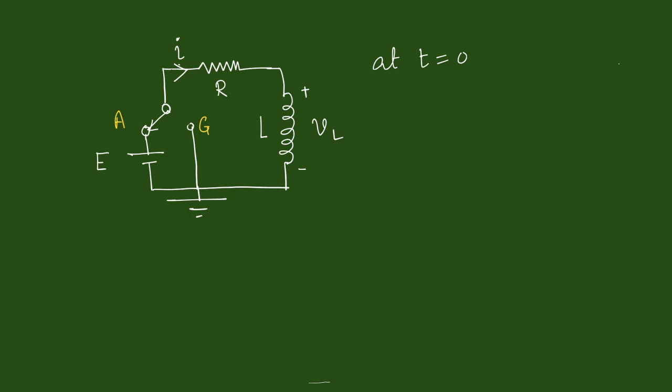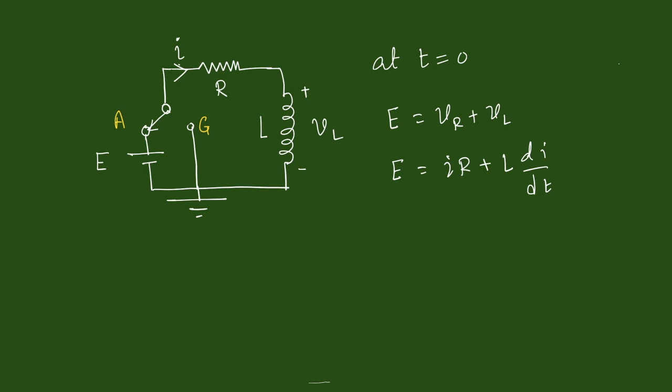We will use Kirchhoff's voltage law to obtain expression for the current in this circuit. Using Kirchhoff's voltage law, we can write the equation for this closed circuit as E is equal to VR plus VL. So E should be equal to I into R plus L into dI by dt.